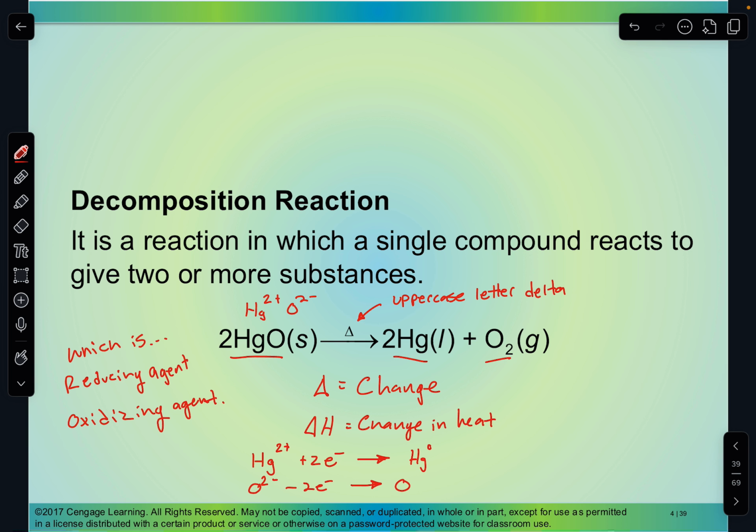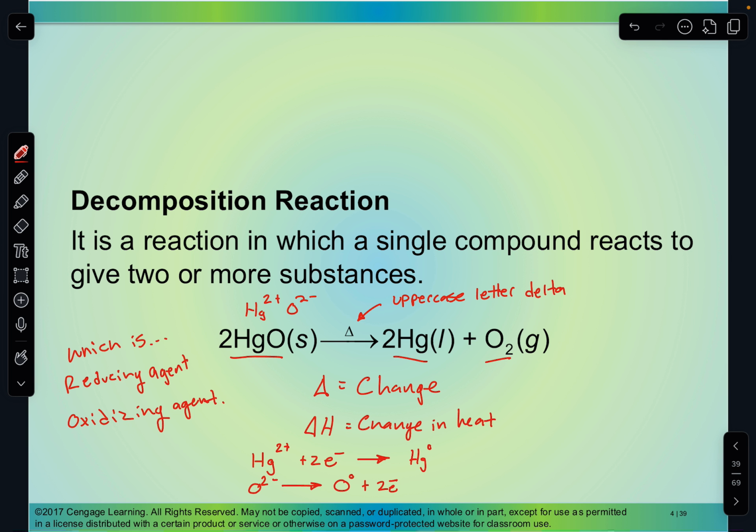Oh, that's not how you write that. You write it like this. O2- goes to O plus 2 electrons. This has a 0 charge. 2 e-.